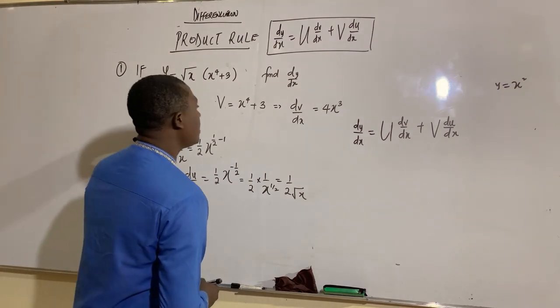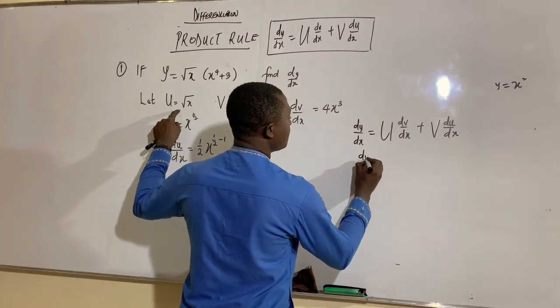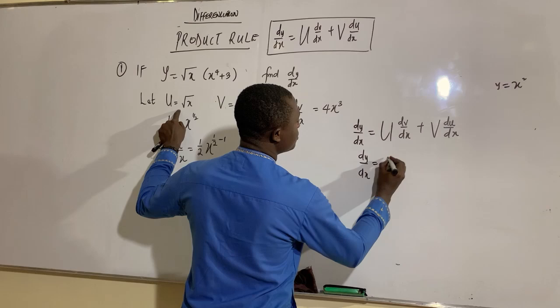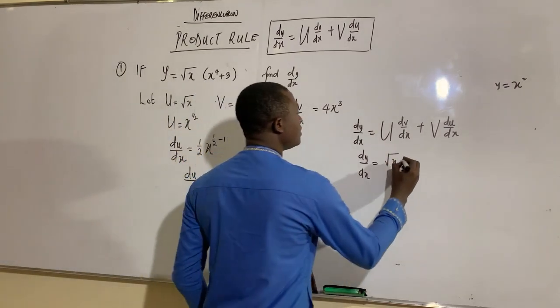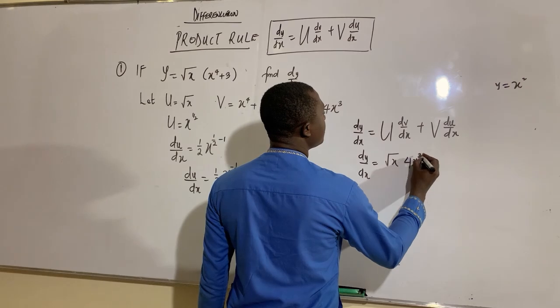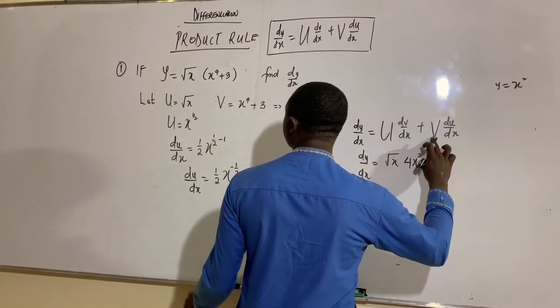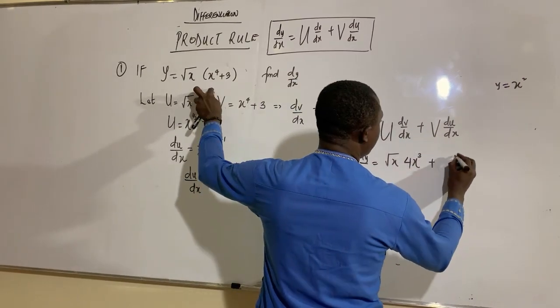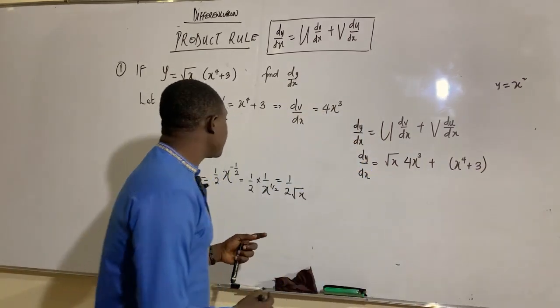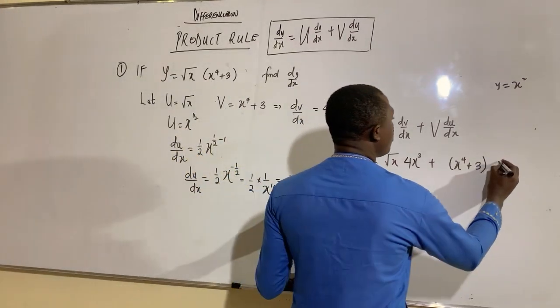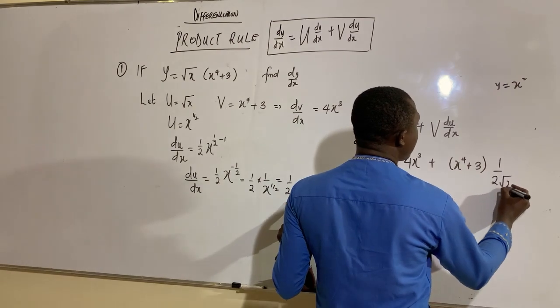Now let's substitute the values one after the other. Our u is root of x, so dy/dx is equal to root of x times dv/dx, which is 4x³, plus v, which is x⁴ + 3, times du/dx, which is 1 over 2 root of x.